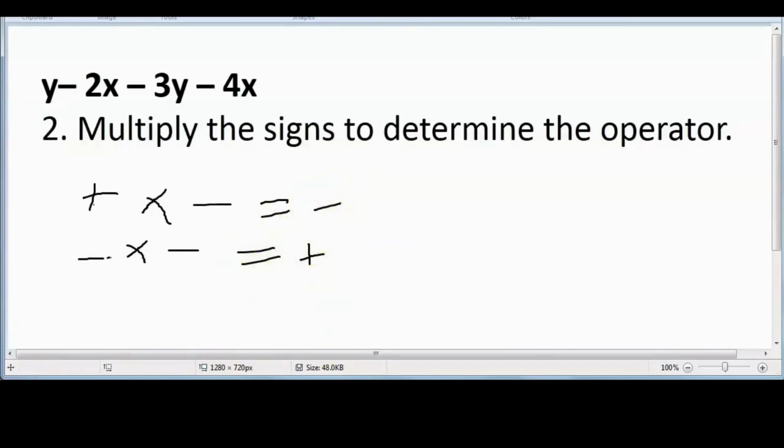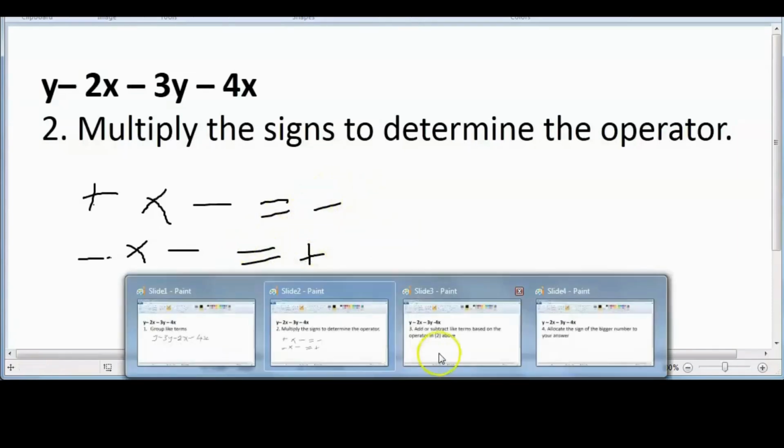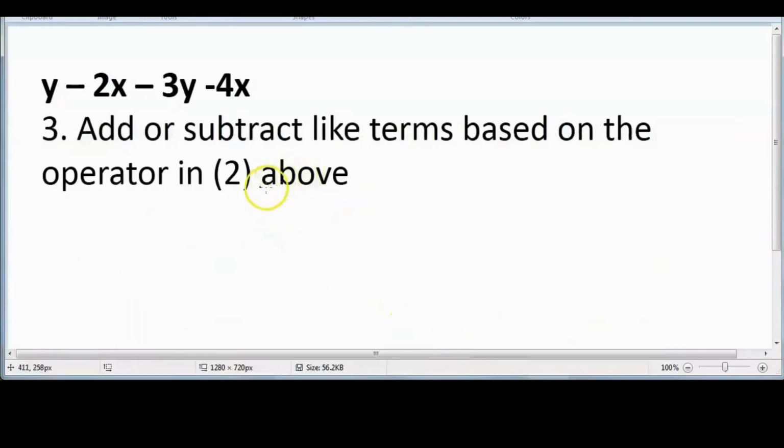Okay, that brings us to the next rule. Add or subtract like terms based on the operation above. For y, we got a subtraction. So y minus 3y. If you subtract a y from 3y's, you'll be left with 2y's.